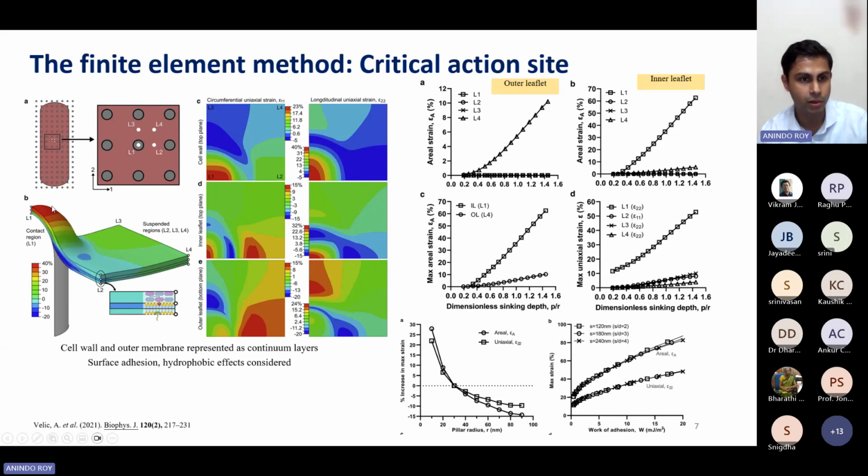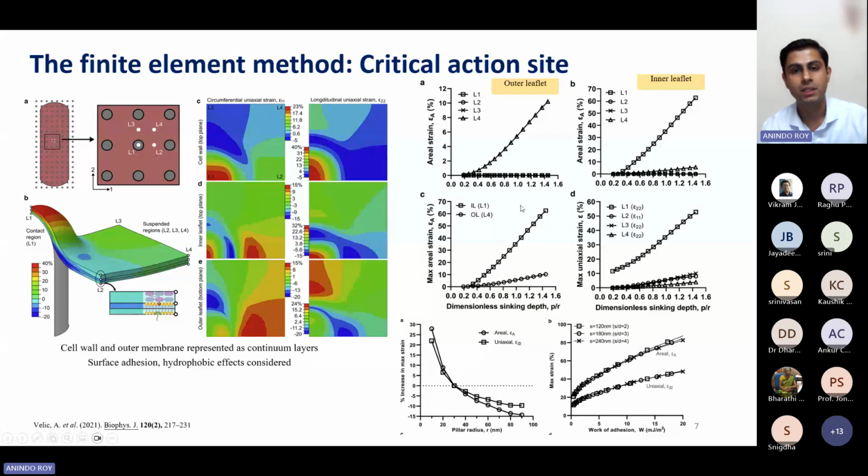Which you can also see from this simulation here. So this tells us that it is not necessary that across all the different layers of the bacterial cell wall, the stress distribution will be uniform across all the different points.